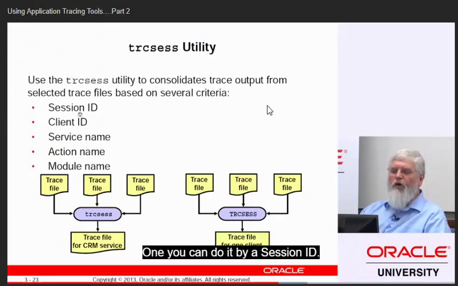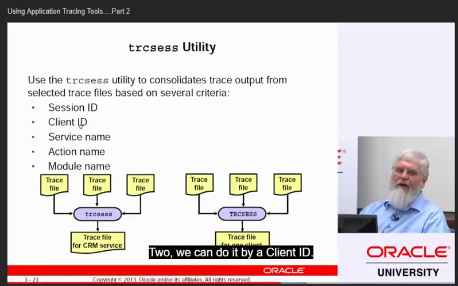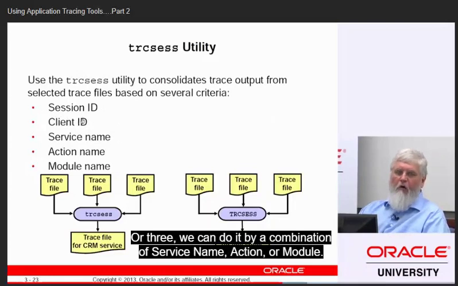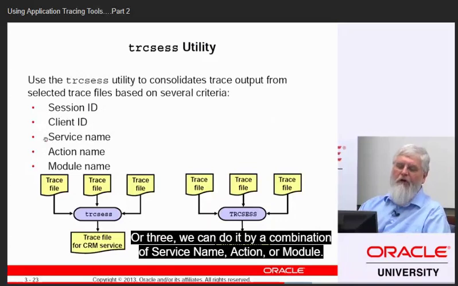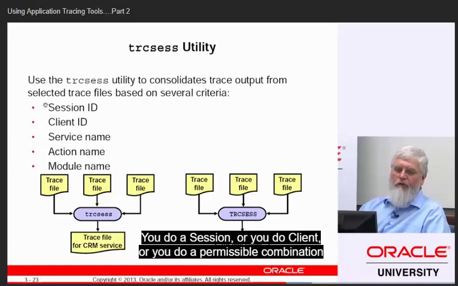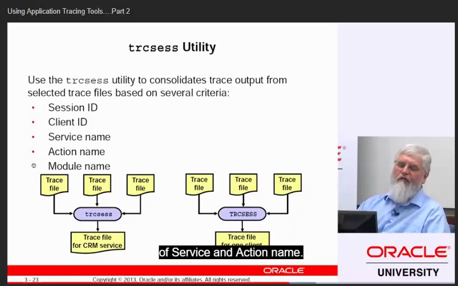One, you can do it by a session ID. Two, we can do it by a client ID. Or three, we can do it by a combination of service name, action, or module. You do session, or you do client, or you do a permissible combination of service, action, and module name.